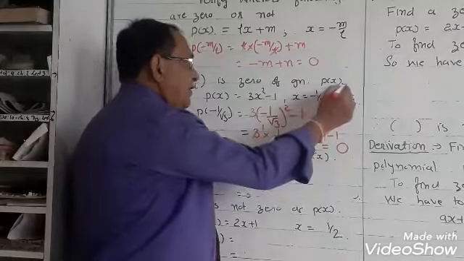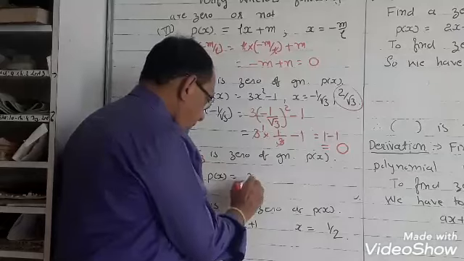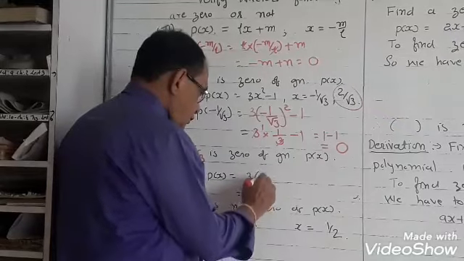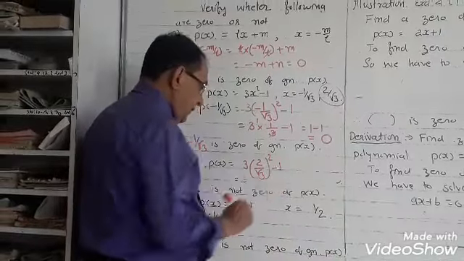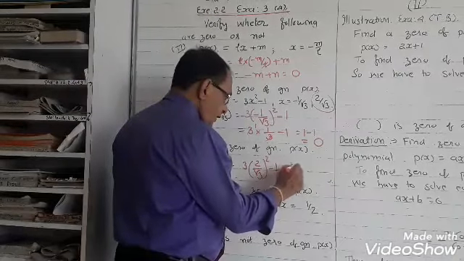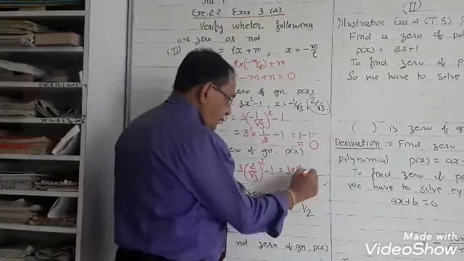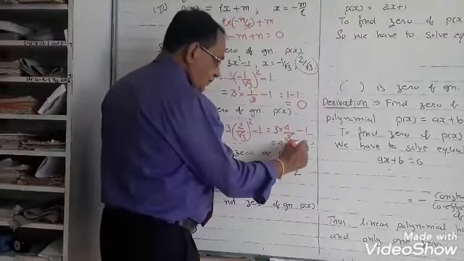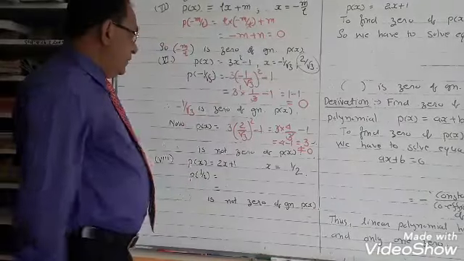We will check for this one, 2 upon root 3. So 3 times 2 upon root 3 whole square minus 1 is equal to 3 into 4 upon 3 minus 1. 3 cancels, 4 minus 1 is equal to 3, which is not equal to 0.